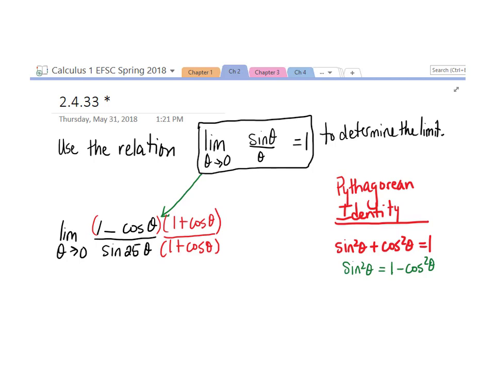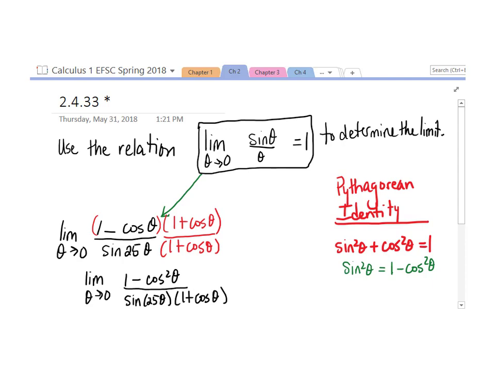So let's see what happens if I multiply this out. We get the limit as theta goes to 0 of 1 squared, which is 1, minus cosine squared theta, over sine of 25 theta times 1 plus cosine of theta. I'm not going to multiply that out yet.